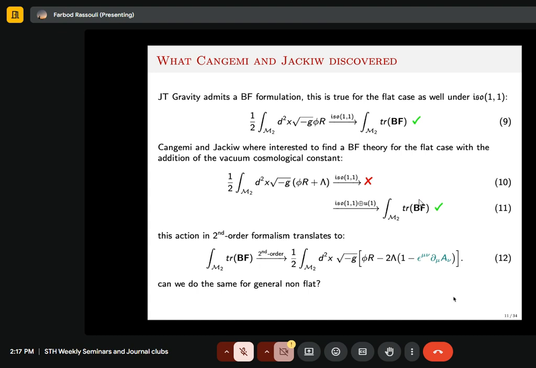And basically, exactly this 1 minus epsilon mu nu partial mu a nu, this bit is actually the unimodular bit that we are adding, and basically it's emerging from the BF. The question that I asked, can we do the same for non-flat? The response actually is yes.